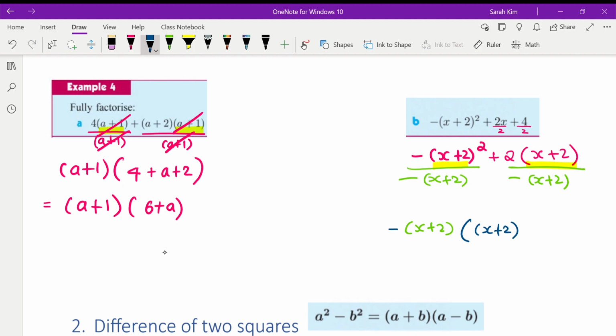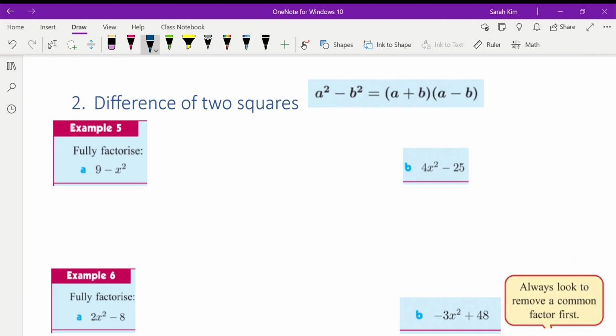And then 2 divided by minus 1 is a minus. And then there's just a 2 there because these cancel out. So one of these factors cancels out, so there's still one left over. That's why I wrote this down. And I just need to simplify that a little bit further. Simplify the second bracket. So x plus 2 minus 2 is just going to be x. So that is my simplified bracket answer.